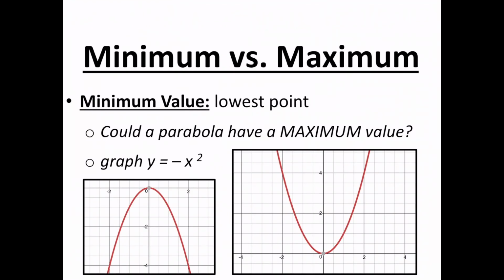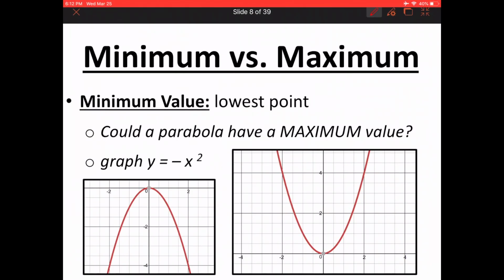So let's look at our minimum and maximum. Like the names kind of insinuate, the minimum is going to be the lowest point. So notice over here in this parabola, my vertex is my minimum because it is the lowest point on the entire parabola.